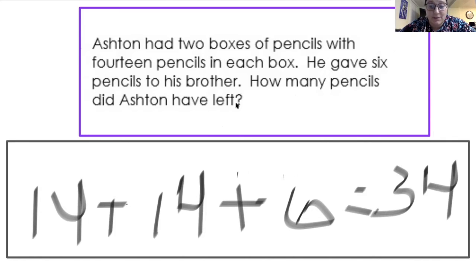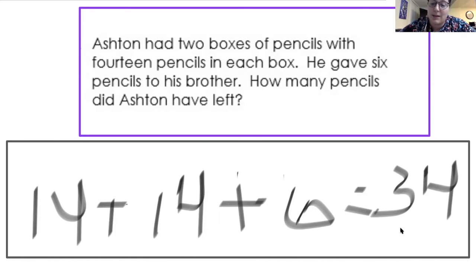So I know "have left" is a clue word that I'm doing something that was not done in this equation here. Also, he gave 6 pencils to his brother. So that would mean that I've done something wrong and that this answer is not making sense.